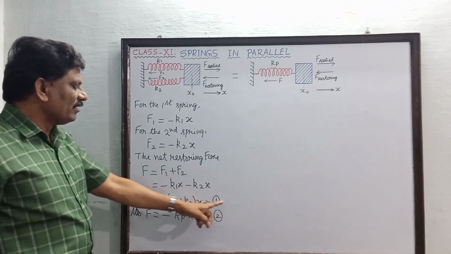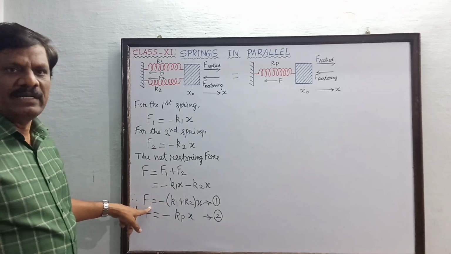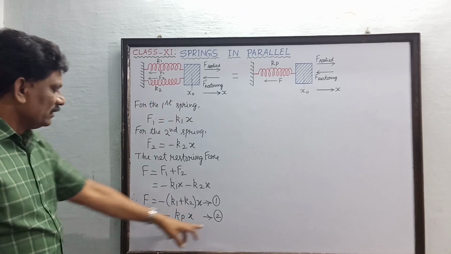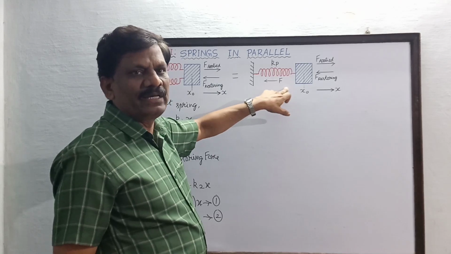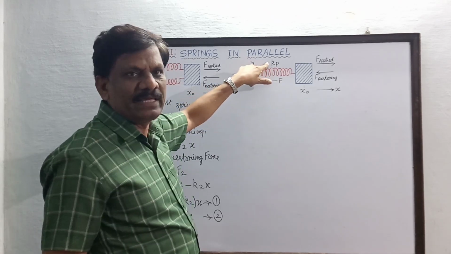Now the left hand sides of equations 1 and 2. Equation 1 is the net restoring force for the system given in the first picture. Equation 2 left hand side is the restoring force acting on the system which consists of a single spring of spring constant Kp.